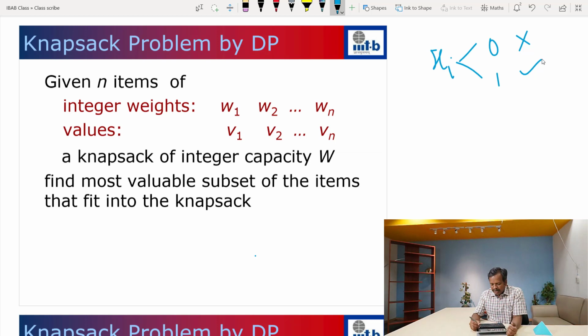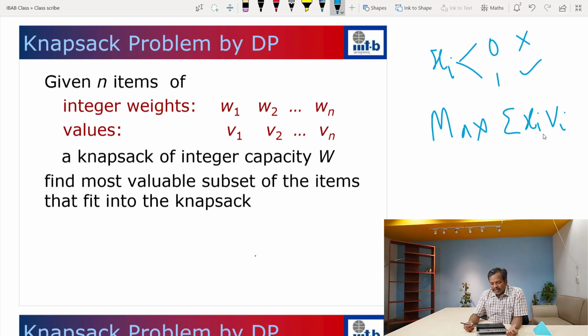We want to set the values of x of i to be 0 or 1 such that we maximize the value of the items that we pick. That means that we want to maximize the summation of x of i into V of i, where V of i is the value of the ith item.